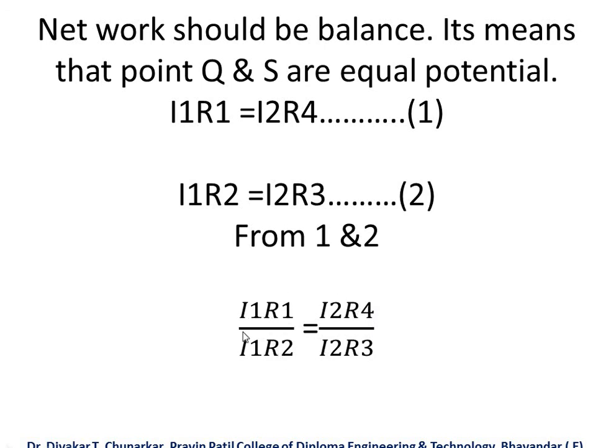Here I1 and I2 are the currents flowing through the circuit, and R1, R2, R3 and R4 are the resistances connected in series in the circuit. So this is the balance equation or balance condition of the Wheatstone network.